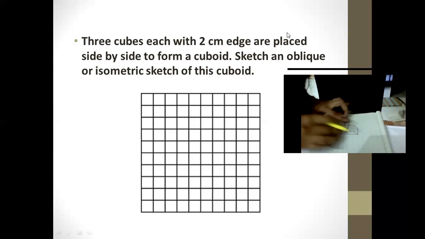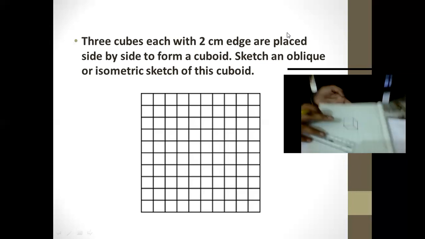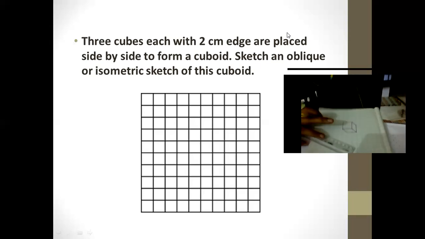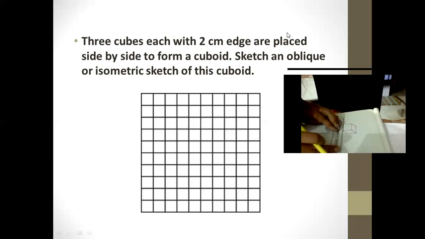Yes, this is the first one I made. Can you see the 2 centimeter dimensional cube I have made? Now they have asked us to, okay, let me use another color so that you will understand the gap between this. Okay, so now I'm using another color for the other cube.